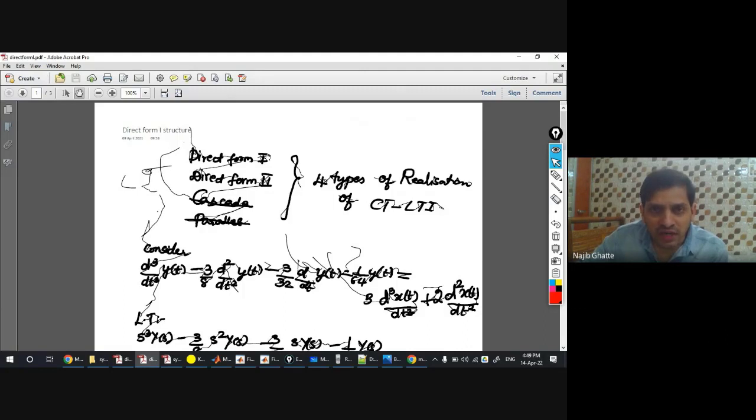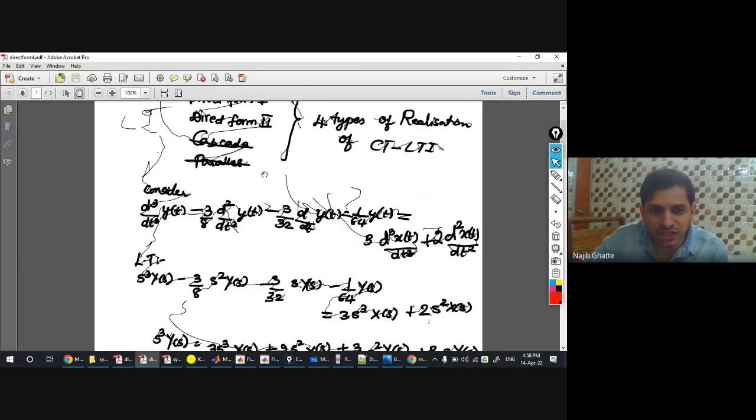Any filter, any system can be represented in the form of a mathematical expression. So consider I have an expression like d cube by dt cube y of t minus 3 by 8 d square by dt square y of t minus 3 by 32 d by dt y of t minus 1 upon 64 y of t equal to 3 d cube by dt cube x of t plus 2 d square by dt square x of t.